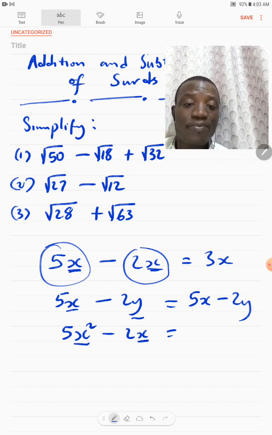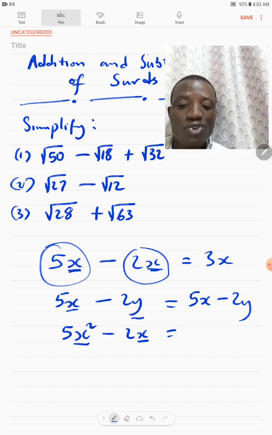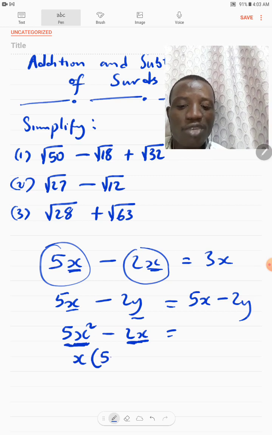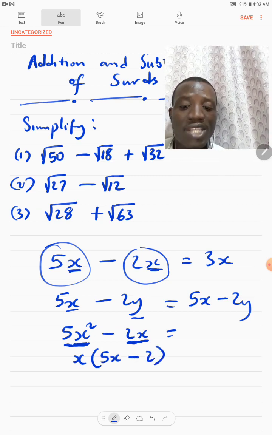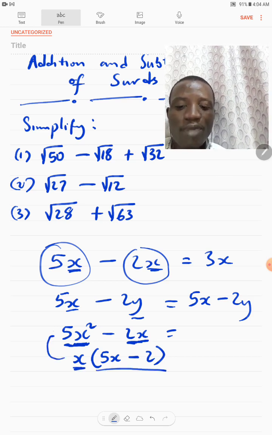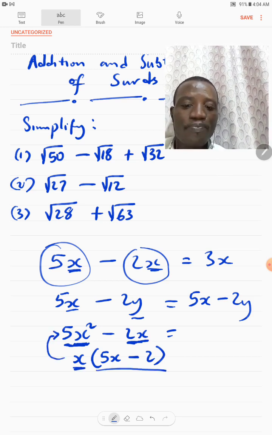X squared. The highest thing we can actually do here is to say something is common here, and what is common to the two of them is just x, and then we bring that out. This will remain 5x and this will be minus 2, such that if I use this x to multiply this, it will give me back 5x squared minus 2x.